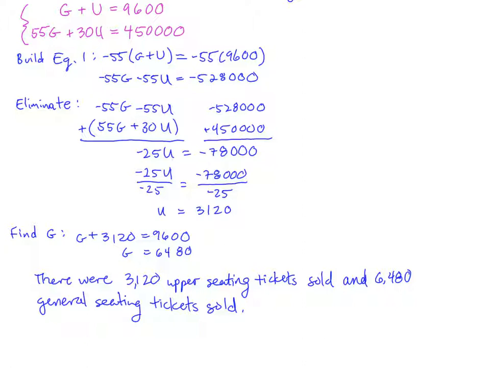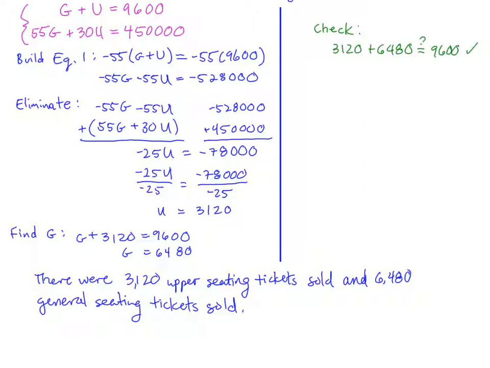And as a final step, we'll go through and check each of those into our original system. So we'll replace each value into each of those original equations. So for our first check, we're going to check, does 3,120 plus 6,480 equal 9,600? And indeed, we know that that checks. The second one is the one that we really want to check, and that is 55G plus 30U equals 450,000.